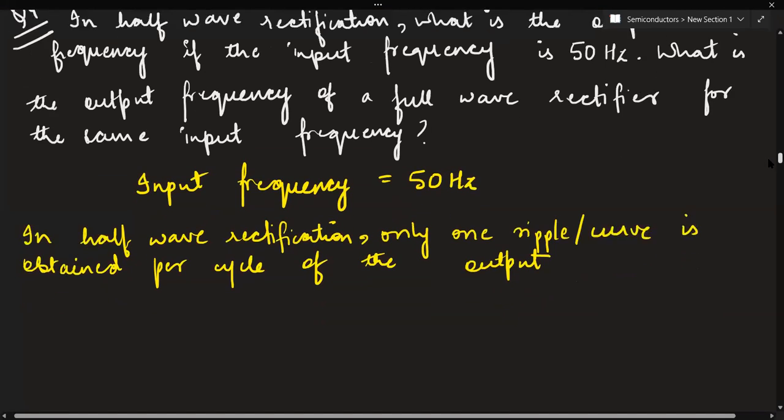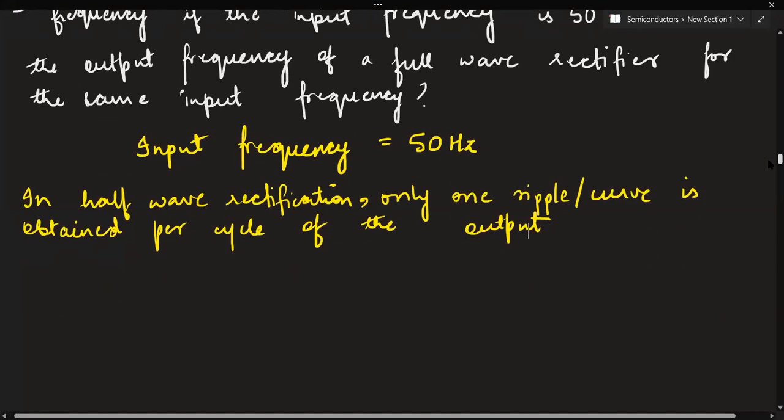Now see, for calculation of the output frequency of a half wave rectifier, that will be equal to the input frequency only.